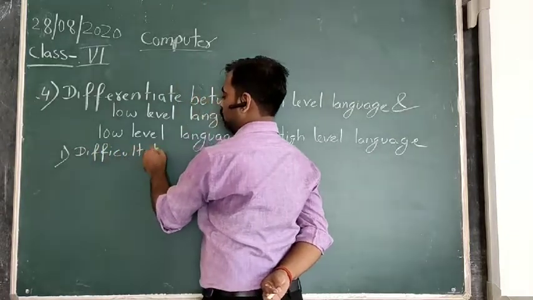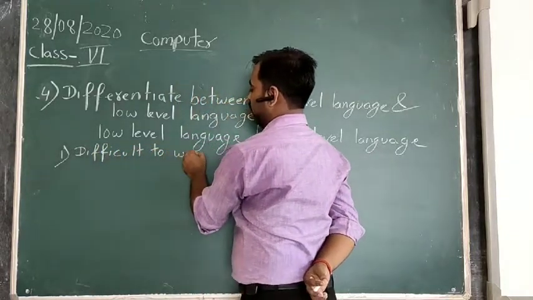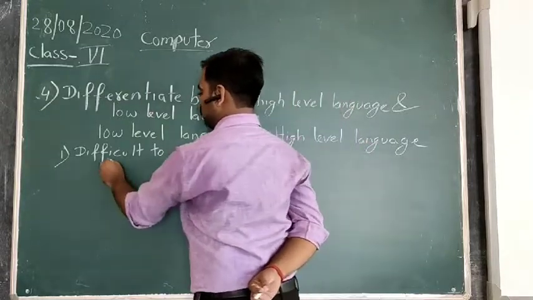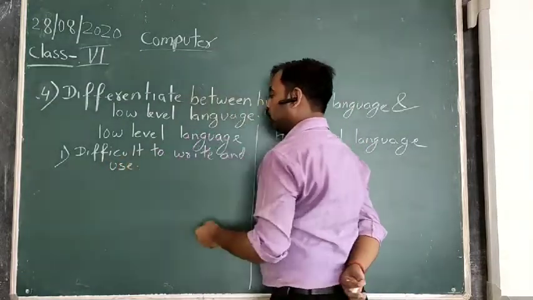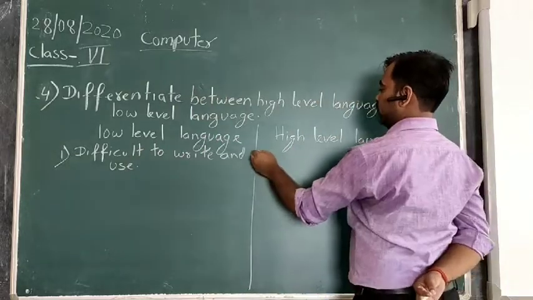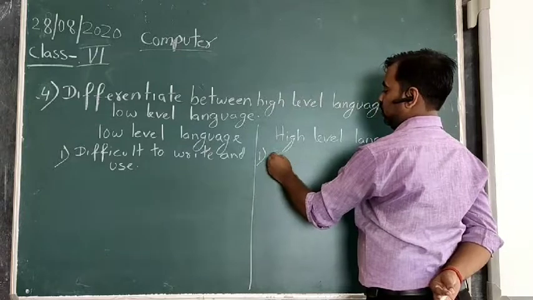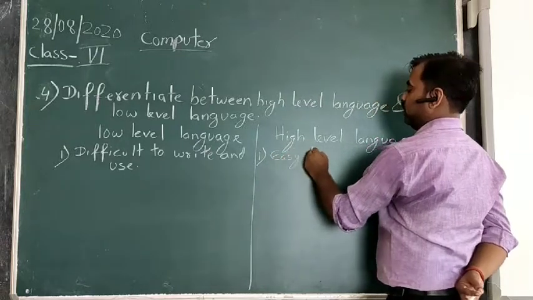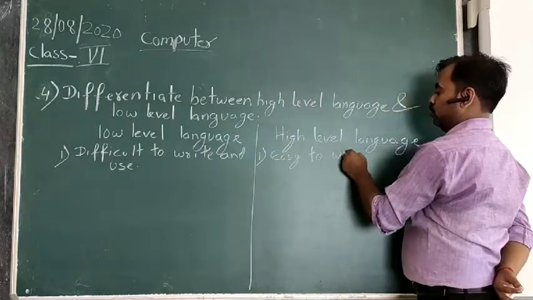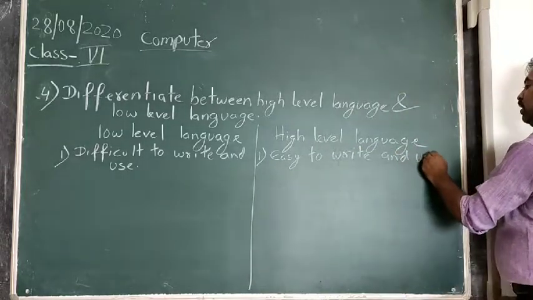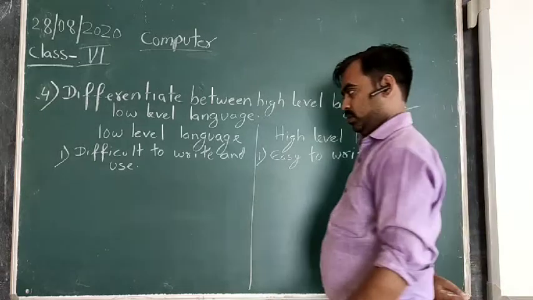Difficult to write and use. Whereas the high level languages are easy to write and use. It is easy to write and use.